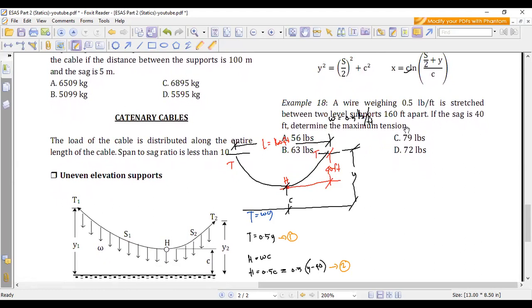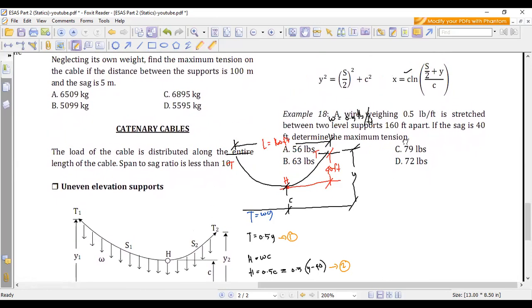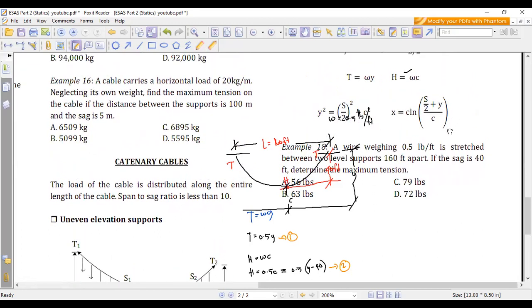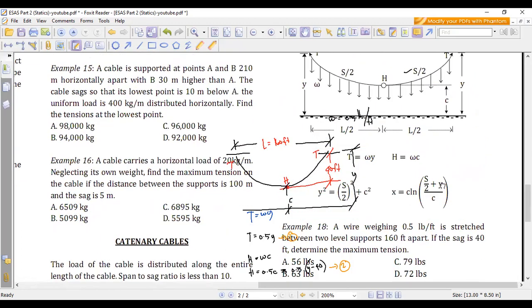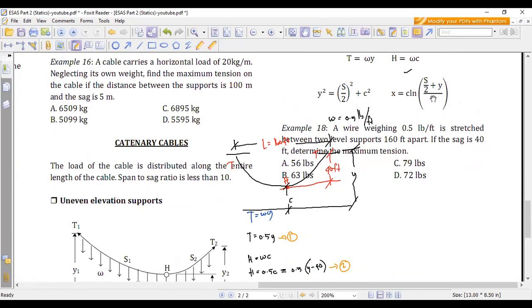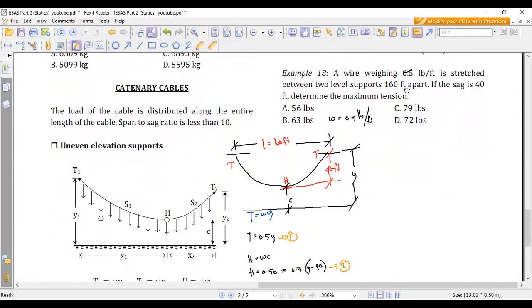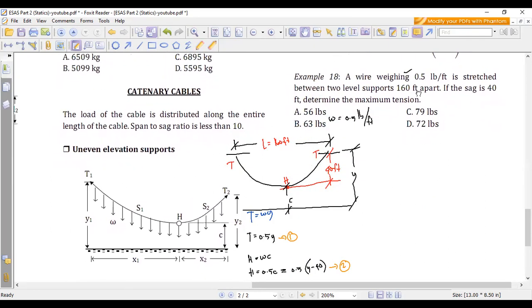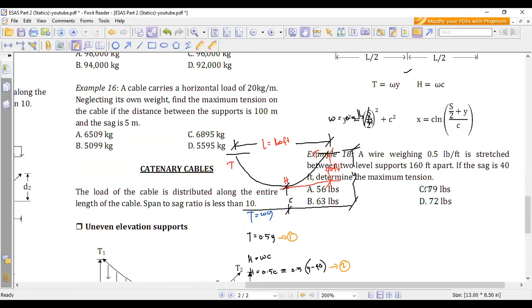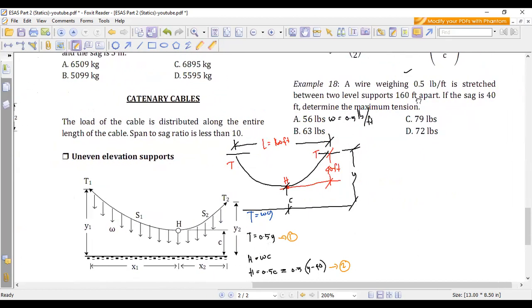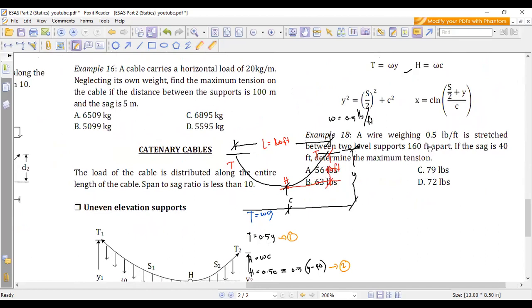We also have X, which is equal to C ln of S over 2 plus Y over C. This would be a bit tricky, since we are not given the value of C. I think we need to find a way to calculate the value of C.